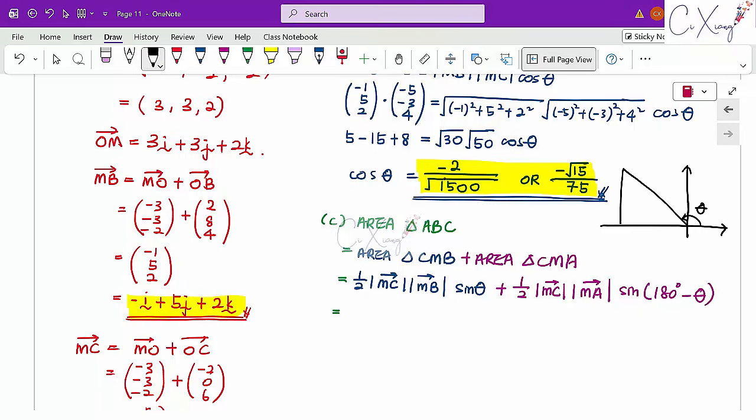The value of cos is negative 2 over square root 1500. So my adjacent length is negative 2, and my hypotenuse should be square root 1500. We need to find the opposite length, which is the square root of 1500 minus 4, so you'll have square root of 1496.